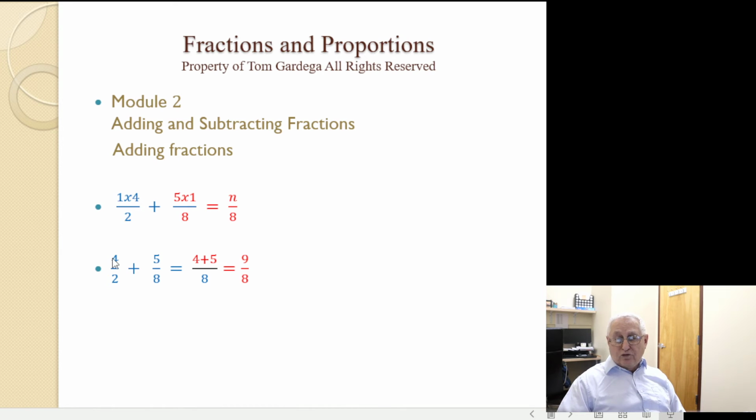1 times 4 is 4. 5 times 1 is 5. So we have 4/2 plus 5/8. We just have to now add the numerators and pay attention to the sign. 4 we place over here.